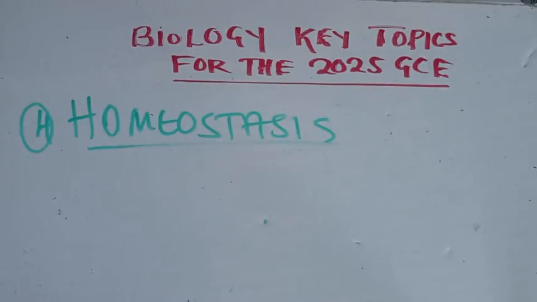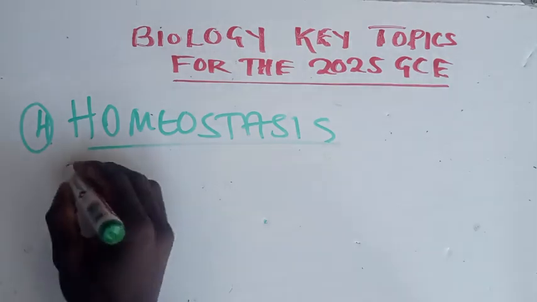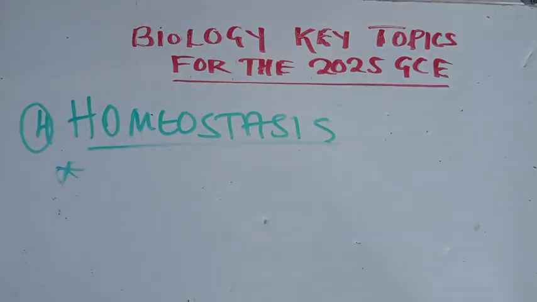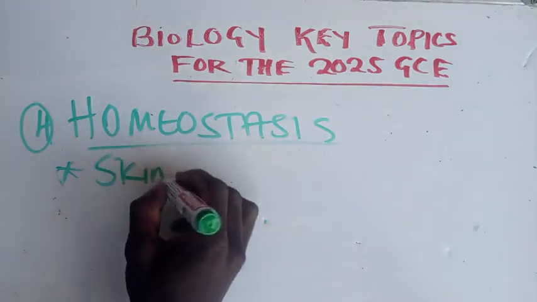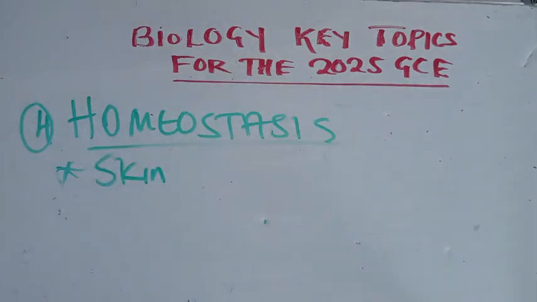And under this one, please get me clearly. I want you to know and master the function of the skin in homeostasis. How does the skin actually help in thermoregulation? When it is cold, when it is hot. Please make sure you do that.